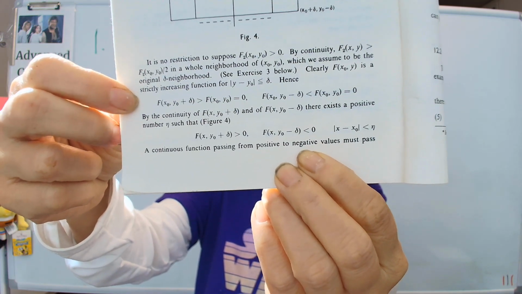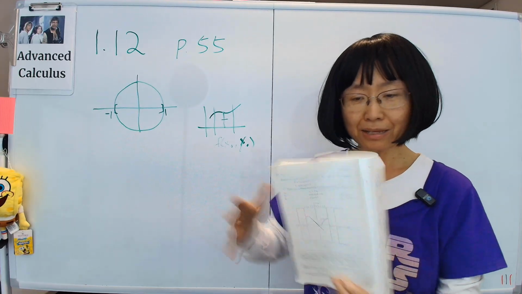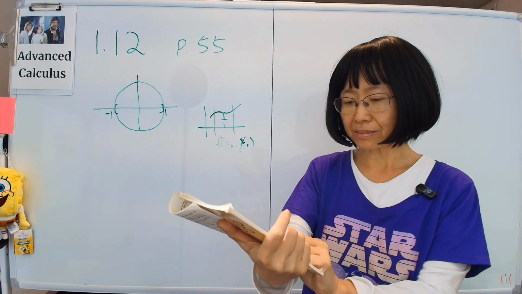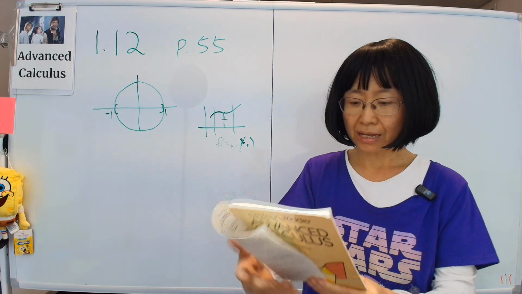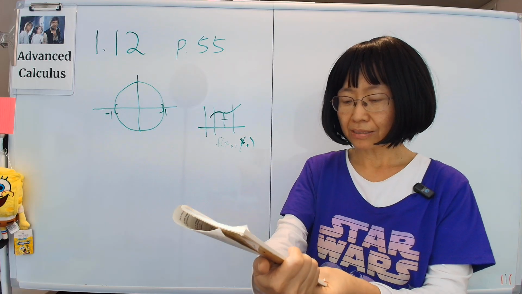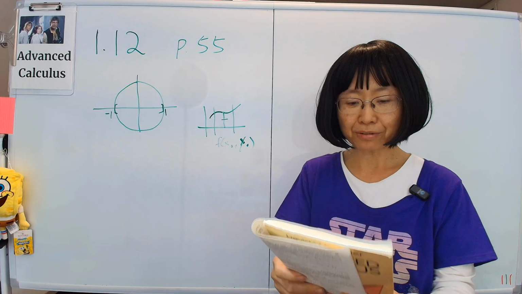So this is only talking about the tiny little neighborhood where this increasing happens. And because big F is continuous, we can also argue that this is true for a small neighborhood of x in this range.